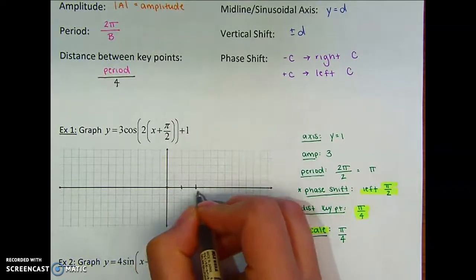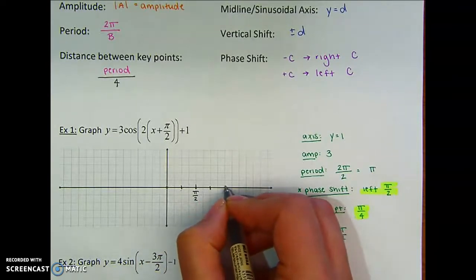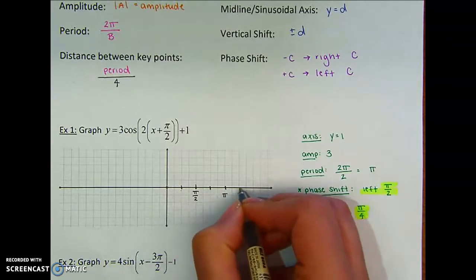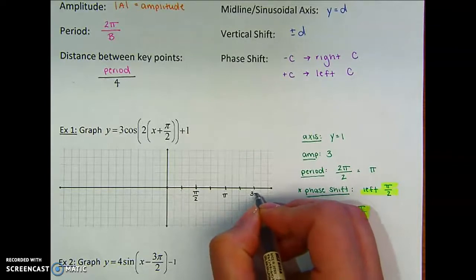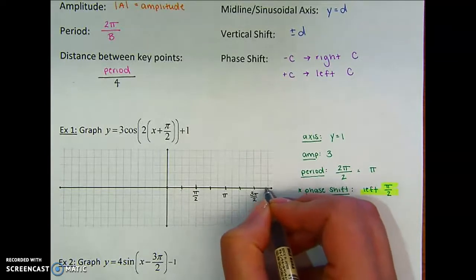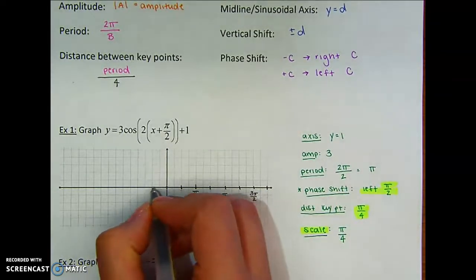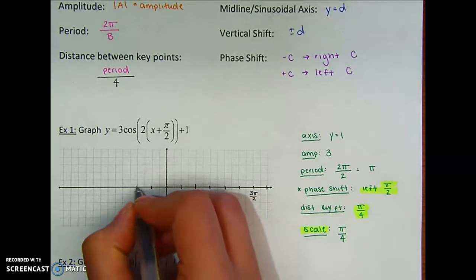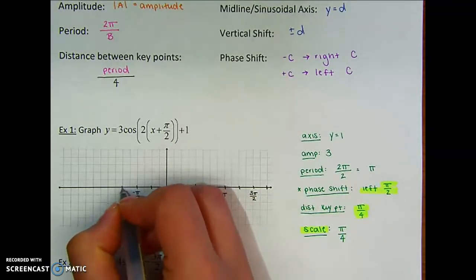So the 1/4, 2/4, 3/4, 4/4, 5/4, 6/4, and then 7/4. And then the same thing going towards my negatives.